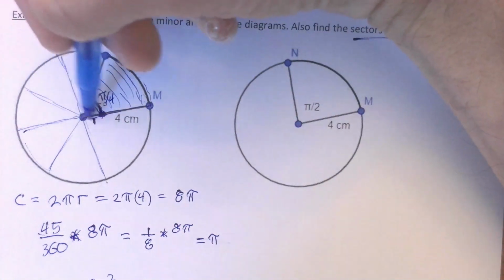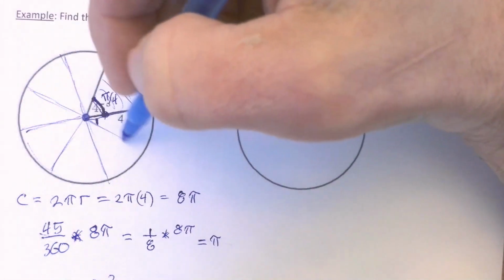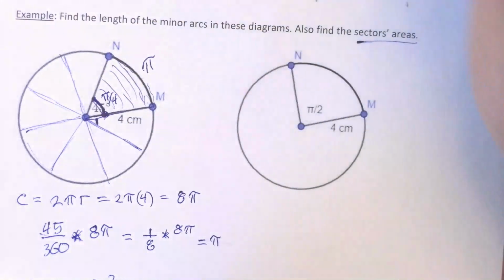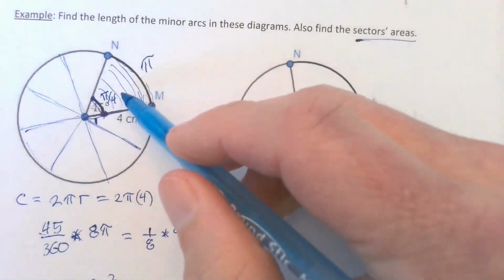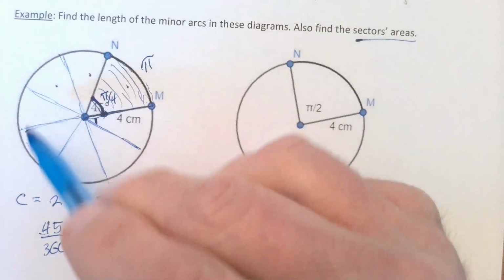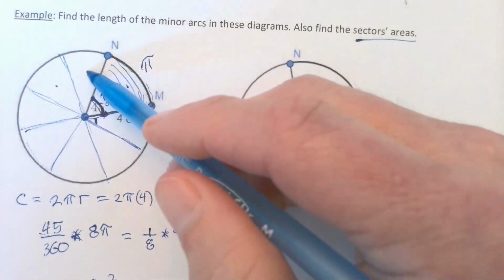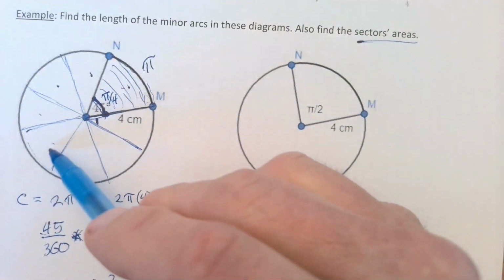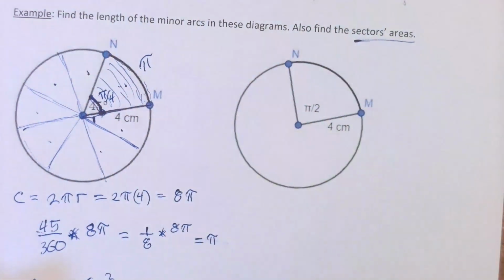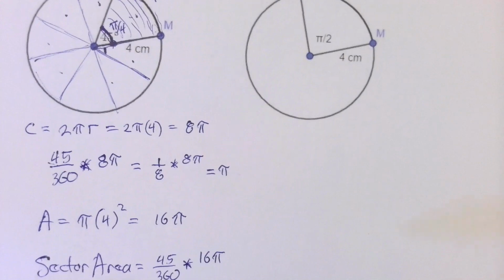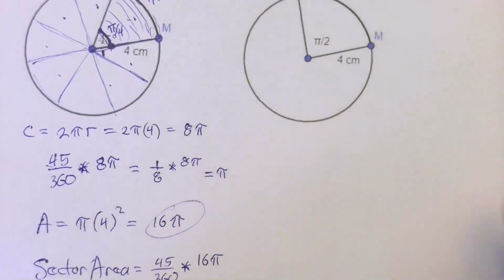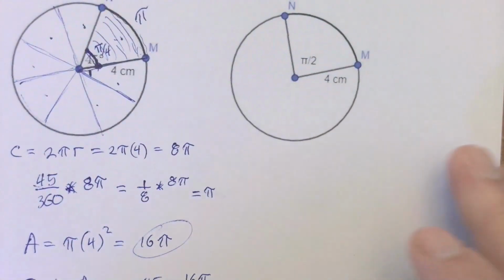Each one of these parts is called a sector, and they all have equal areas. So if this has an area of 2 pi, you get 2 pi, 4 pi, 6 pi, 8, 10, 12, 14, 16 pi. And that matches what we know the full area is. I'm probably over-explaining this stuff.